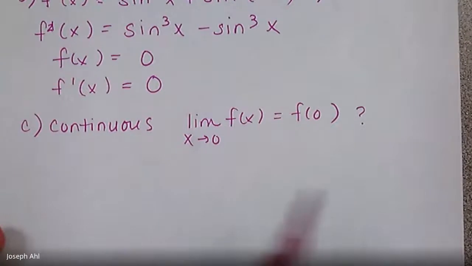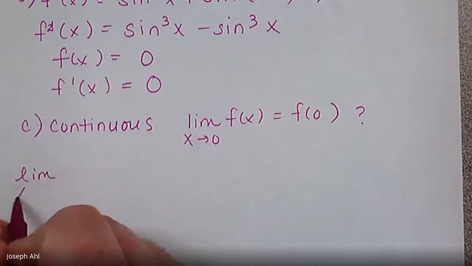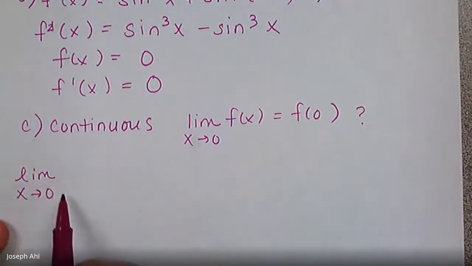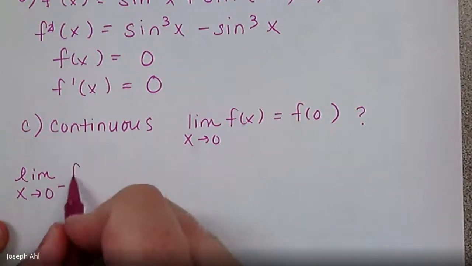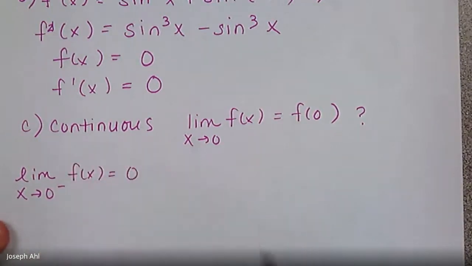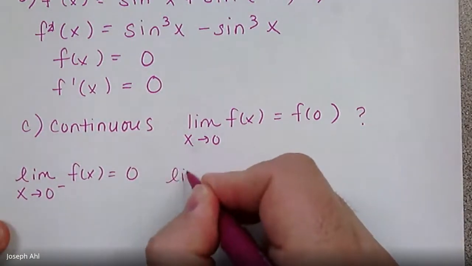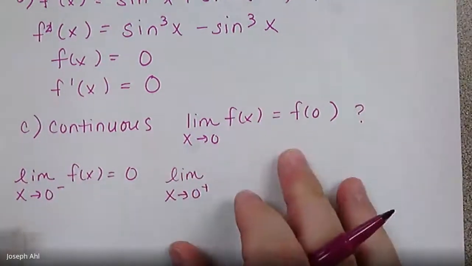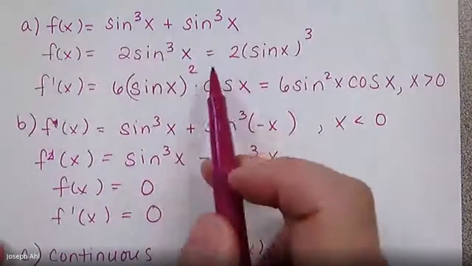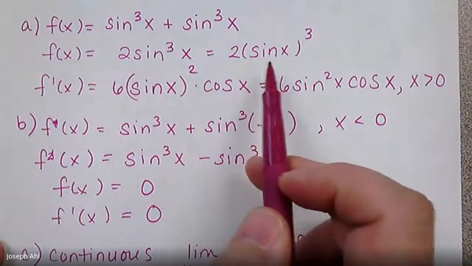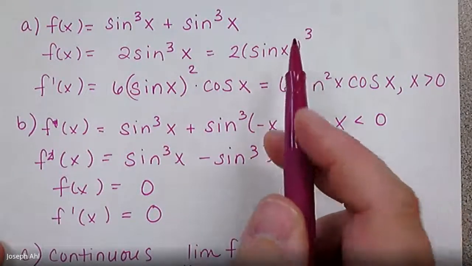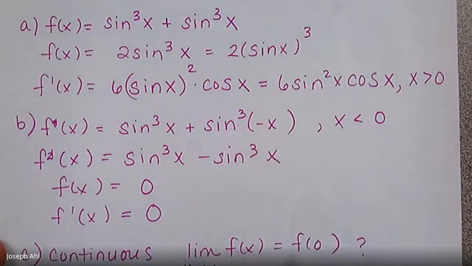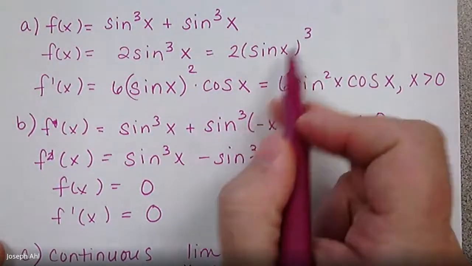So let's do those left and right hand limits. The limit as x goes to 0 from the left, when x is negative. Well, that's kind of easy because that's just 0, isn't it? Our function is f of x equals 0 there, so not so bad. And the limit as x goes to 0 from the right. So let me go back to our function. Our function from the right is 2 sine cubed. But what is sine of 0? Sine of 0 is in fact 0.